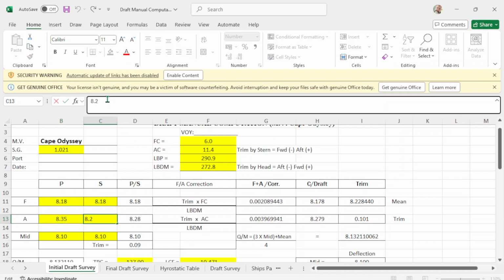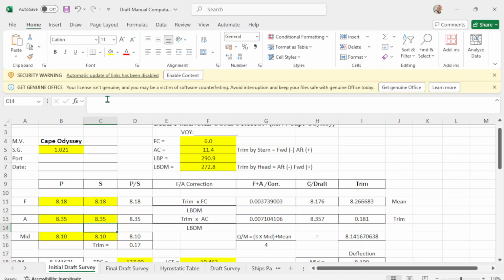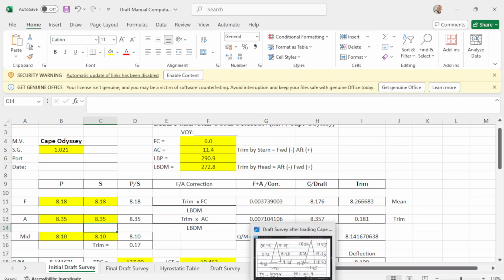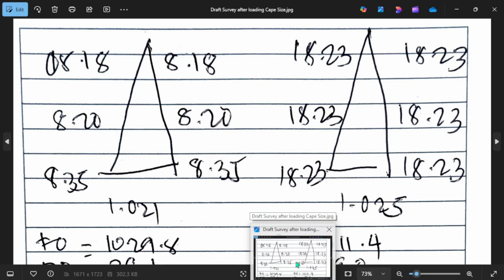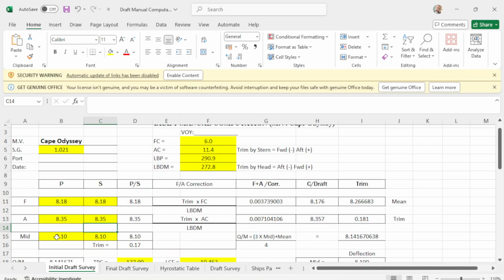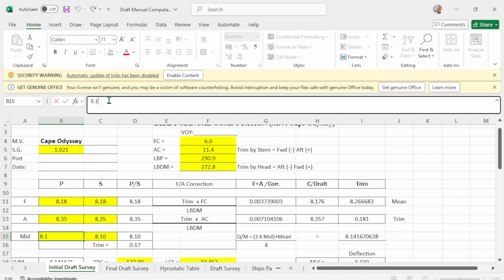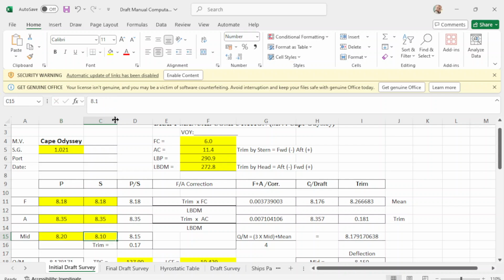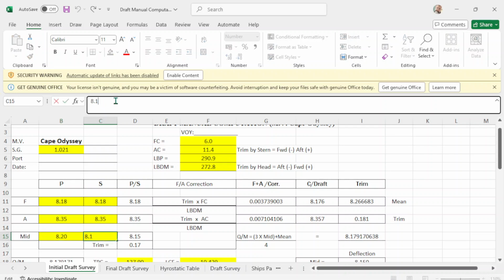Aft is 8.35 for port and starboard. Then the midship draft would be 8.20 for port and starboard. Okay, that's it.